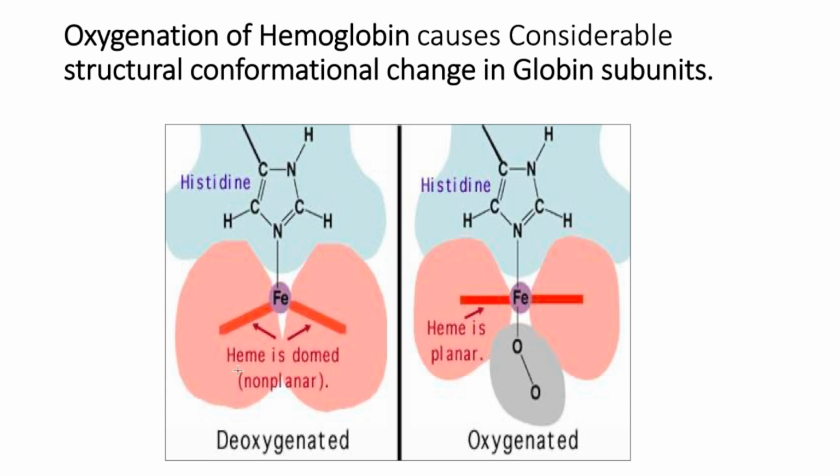So in the deoxygenated form the heme group is non-planar, whereas in the oxygenated form the heme group becomes planar, and that is because of the repulsion created by the dioxygen over here. So that's the change in the structure of the heme from deoxygenated to oxygenated hemoglobin.